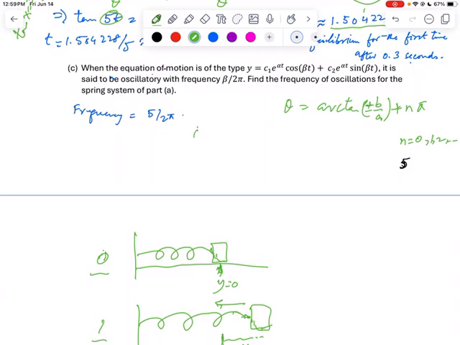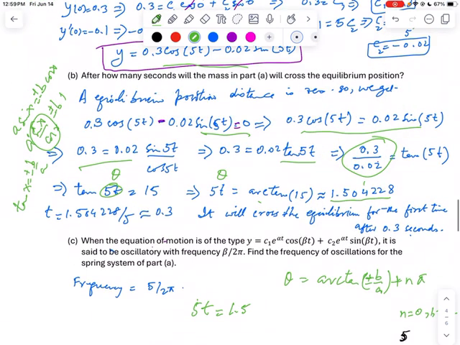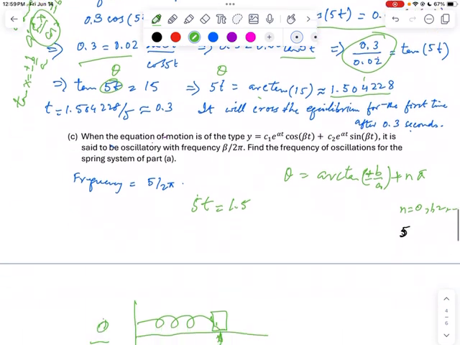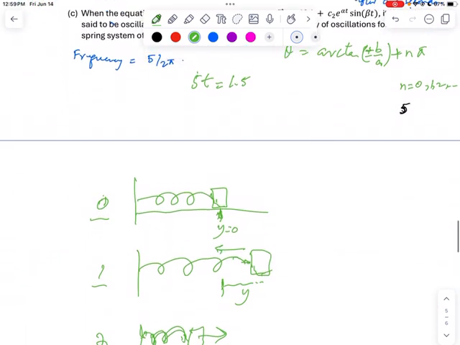So here 5t is equal to 1.5, so actually we are getting 1.5 plus n pi. When n is 0, 5t is equal to 1.5, which implies t is equal to 1.5 over 5, which is 0.3. So it will cross the equilibrium position after about 0.3 seconds.